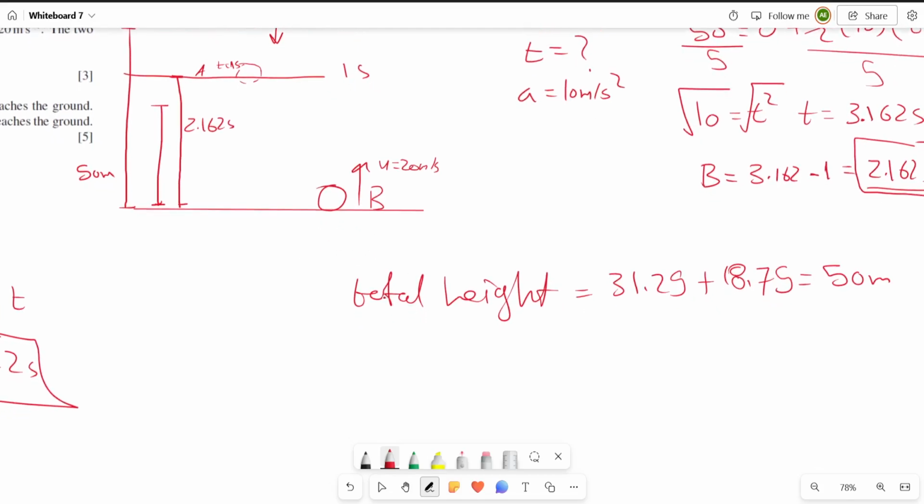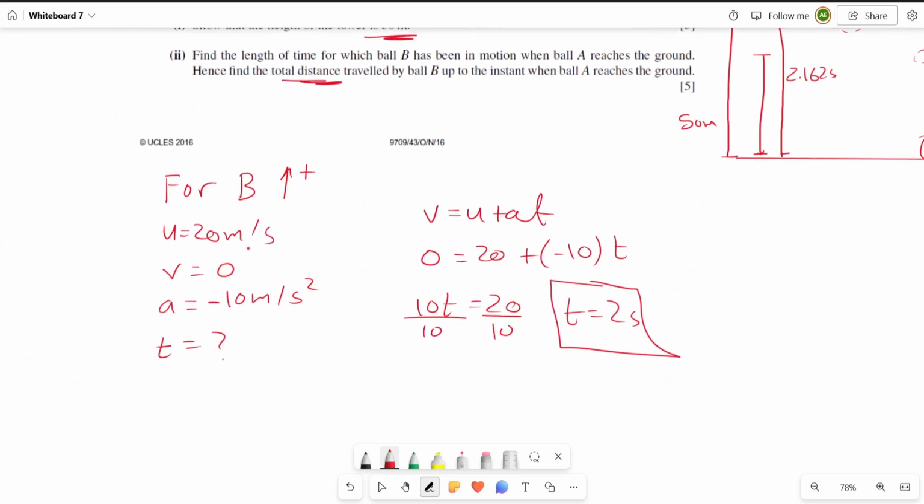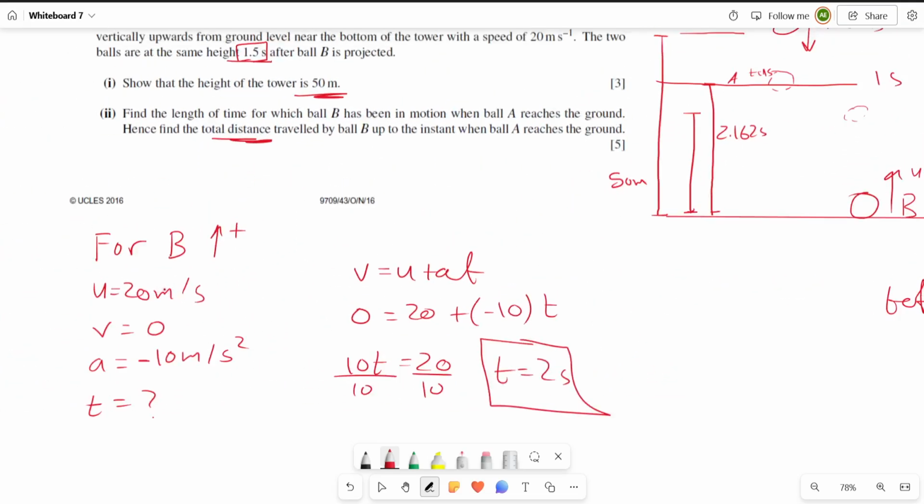So first, let me find the distance B took in order to reach its maximum height. So we can come here again. For B, u is 20, v is 0, because I'm trying to see where B reached its maximum height, where it stopped moving upwards and is going to move downwards now. a is negative 10, t we got as 2, and we now want the displacement.